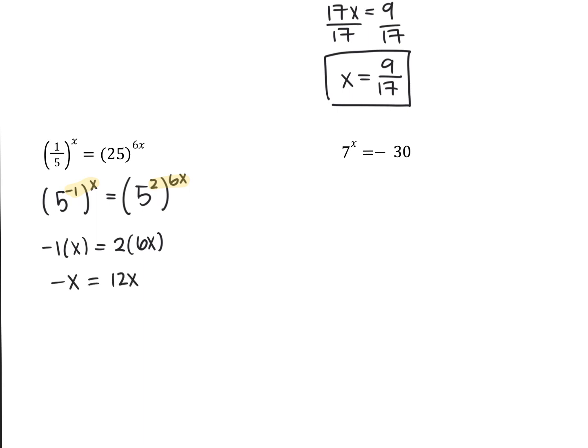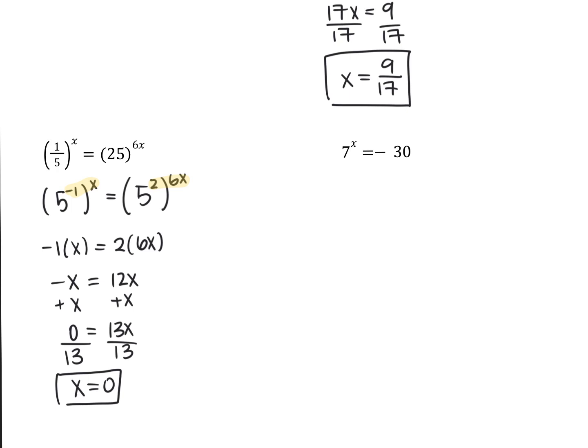Now this is a little bit tricky, because typically here, I want to get my variables on the same side. So if I were to add x to both sides, I'm going to get 0 equals 13x. I'm going to divide by 13, and I'm going to get x equals 0. So this is not no solution. I can get 0 as an answer.